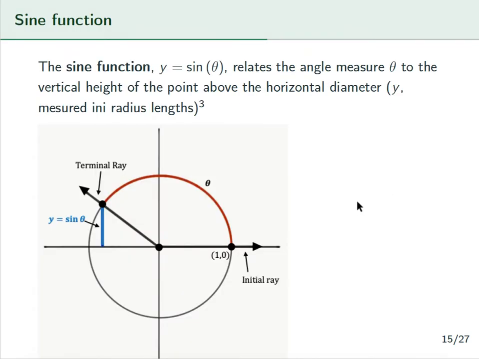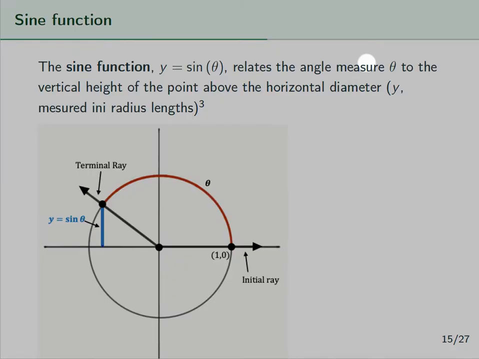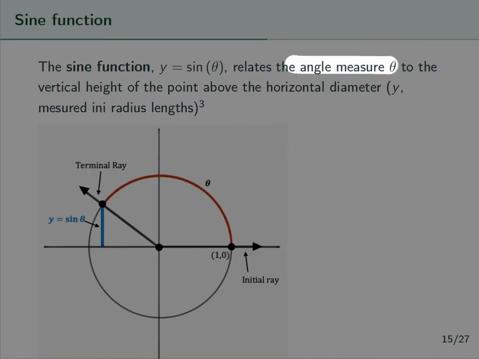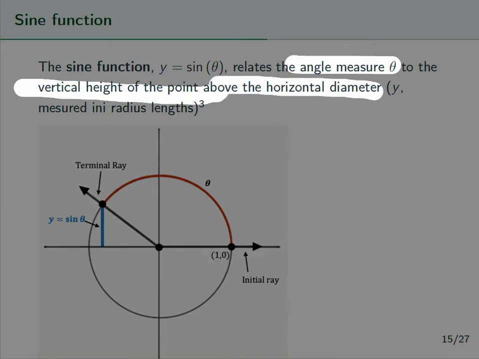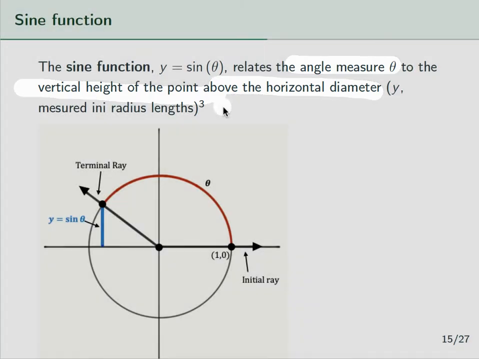Okay, so let's look at sine functions. The sine function, y equals sine theta, relates the angle measure theta to the vertical height of the point above the horizontal diameter on a circle, measured in radius length.